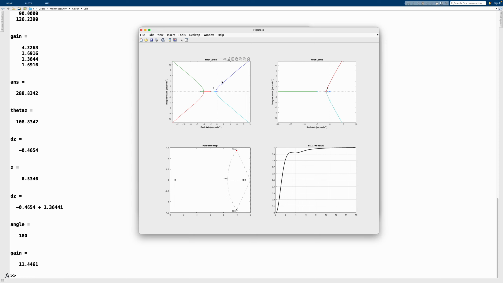Now, the first attempt was to add just a pure pole due to the fact that we wanted step type reference tracking. Now, this was an overkill where you could see that this was really off. And then we added a zero in the vicinity here. And you can see that we fixed it right away.